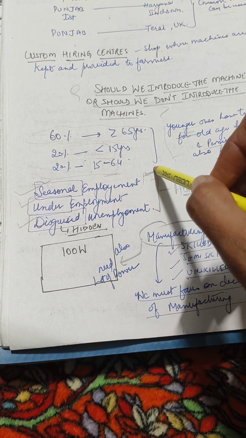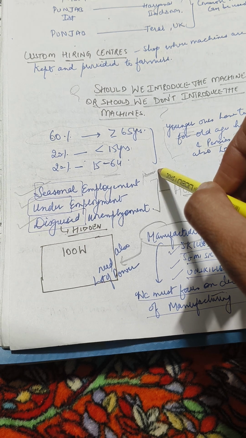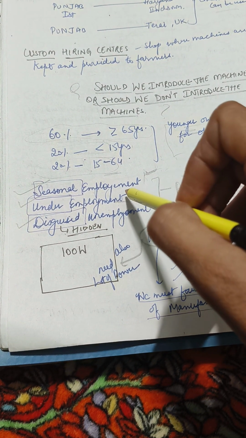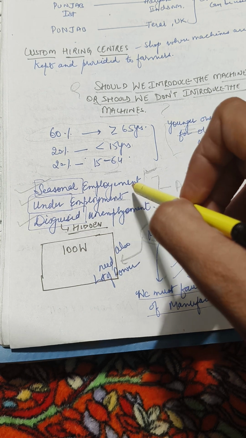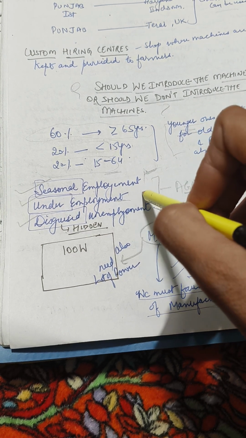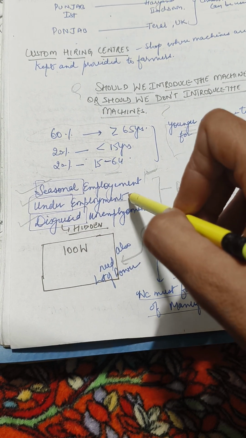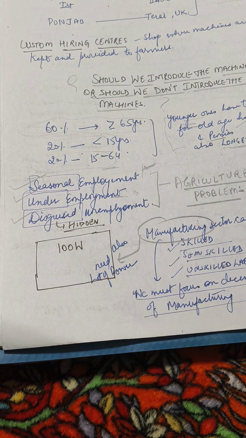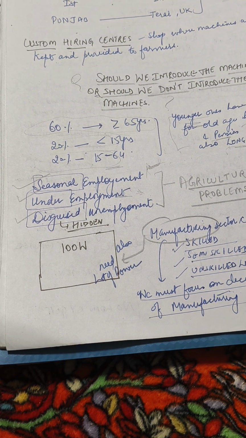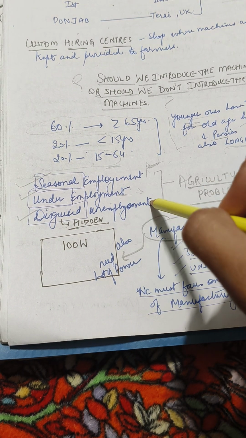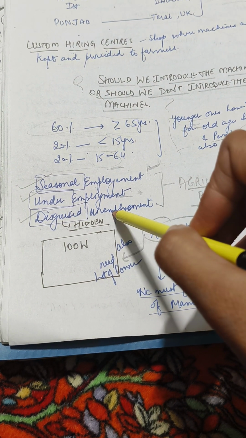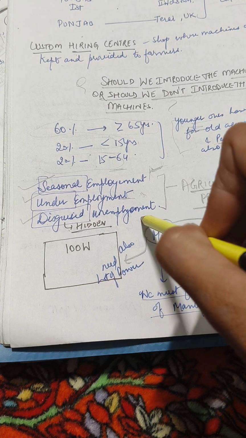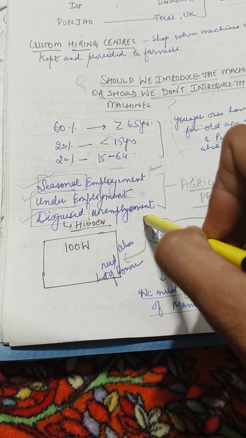Then underemployment: most of the time the eligible candidates are not working in the required format. Then disguised employment: more than one person is engaged in a single job, where it is effective but not effective as a whole.